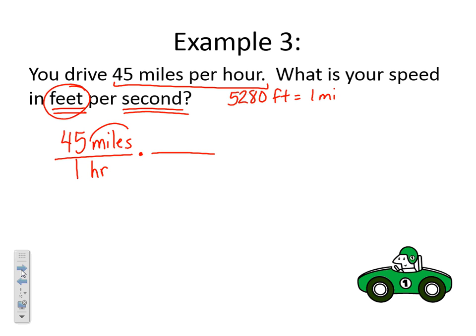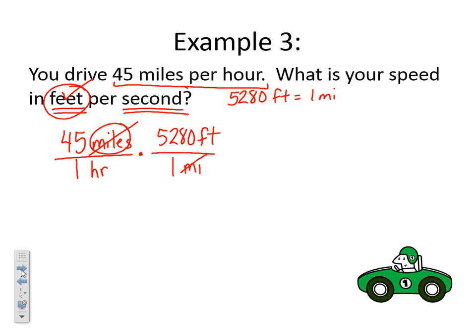I'm given miles, I want to convert that into feet, so I want the miles to simplify away. So my fraction will have miles in the denominator. So I'll have 1 mile on the bottom, 5,280 feet. And now these miles will simplify away. And now I do have feet as my units. So I'm done converting to feet.